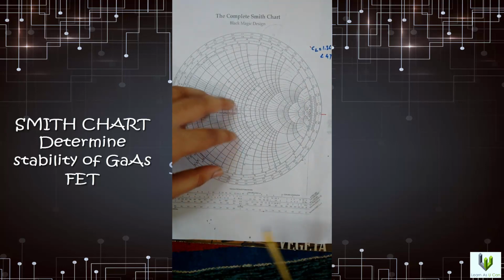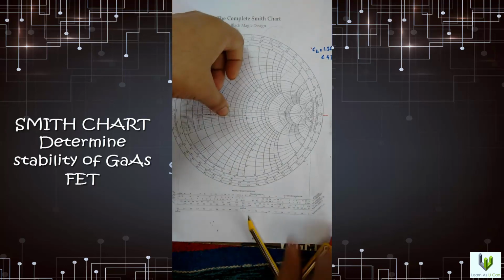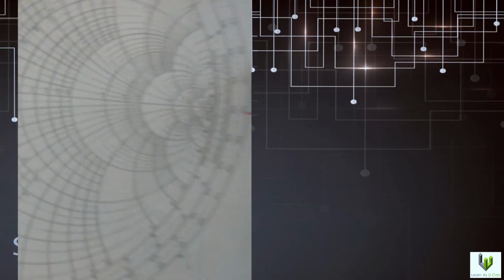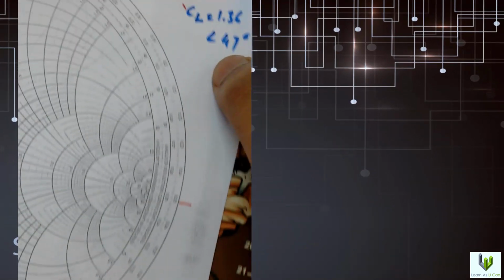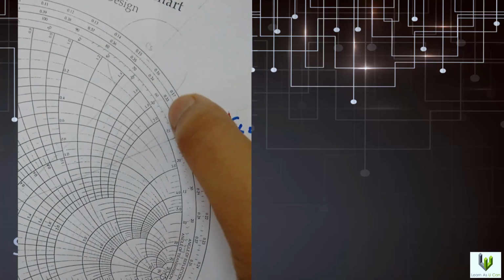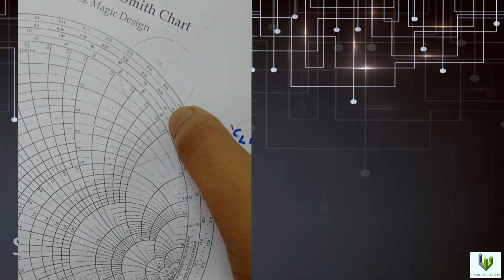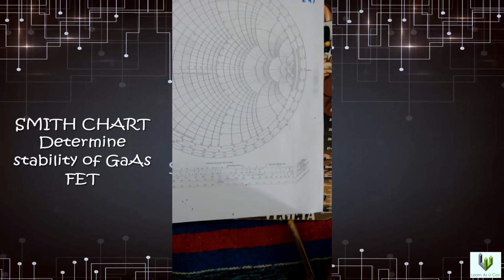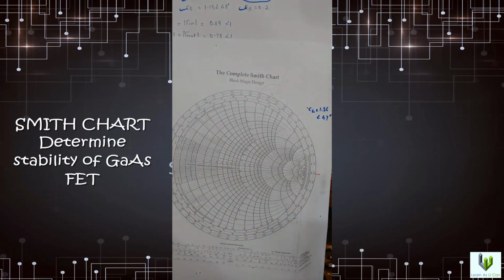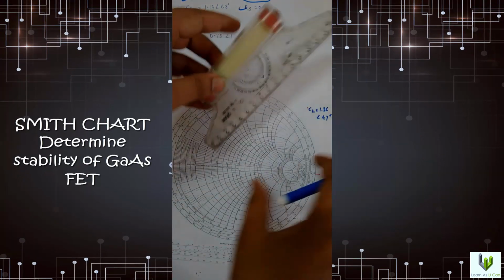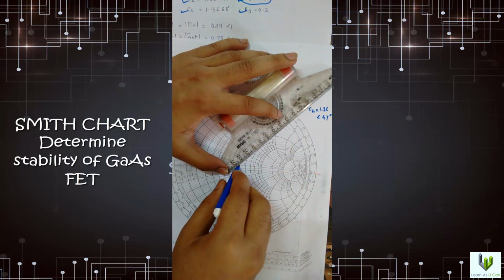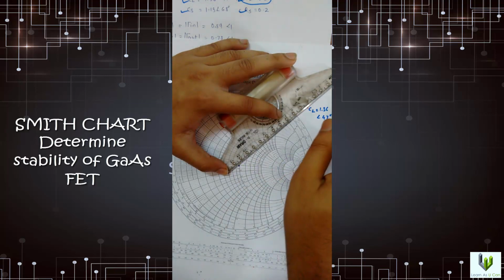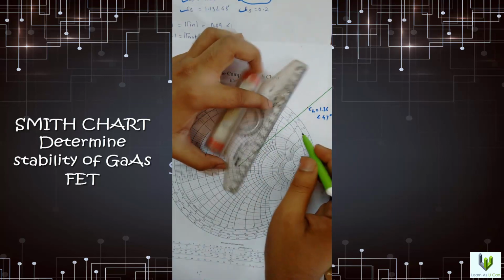Now you have to measure this 68 degree. You can see here, if you come 0, see this angle. Now I have to move 68 degree, 62 between 60 and 70. So this is 47 degree.